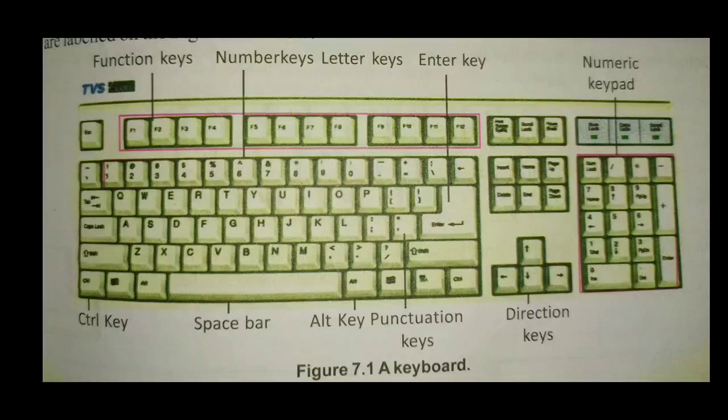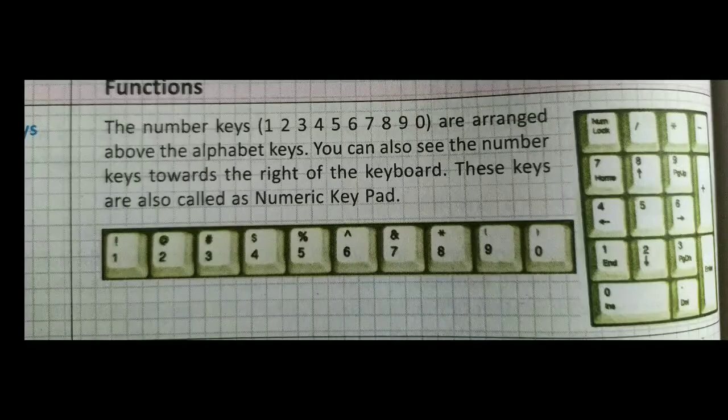First we will see the number keys. The image shows the number keys. In a QWERTY keyboard, there are two types of number keypads. One is present above the alphabet letters, above the QWERTY. The second is on the right-hand side of the keyboard, where there is a num keypad.